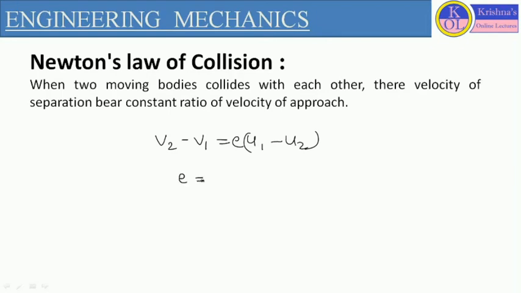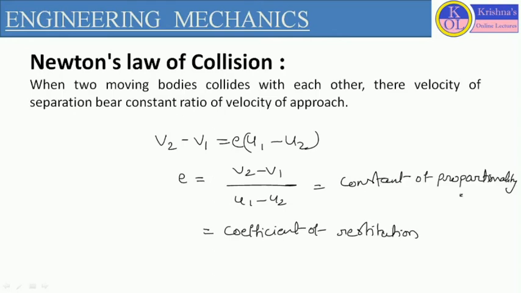We can define E as v2 minus v1 divided by u1 minus u2, where E is called the constant of proportionality, and it is also called the coefficient of restitution. So E defines the ratio of the velocity of separation to the velocity of approach.